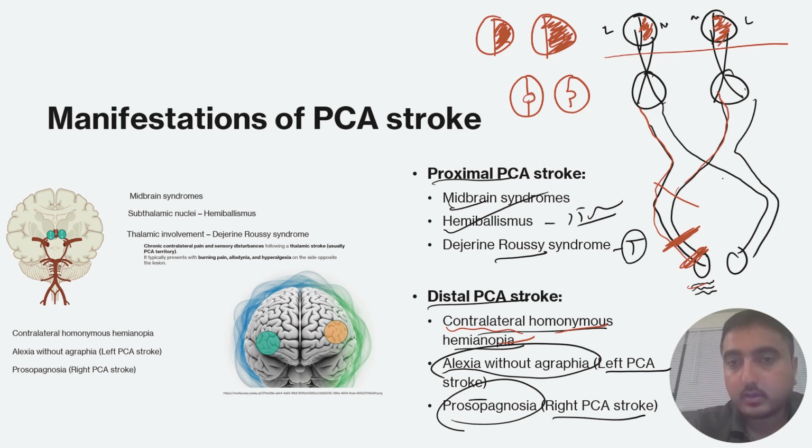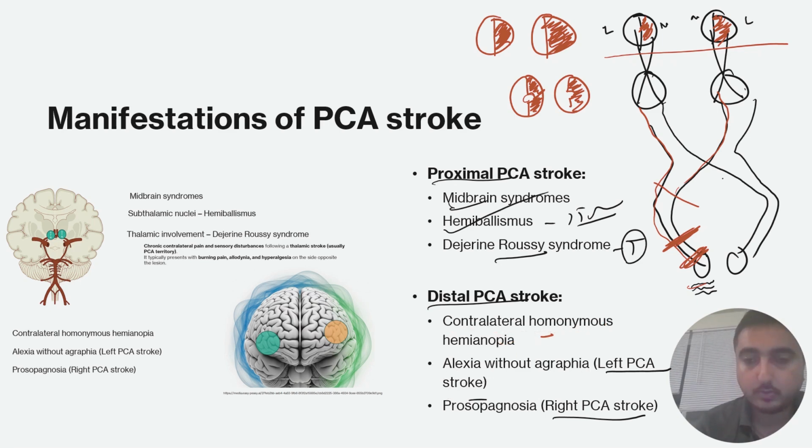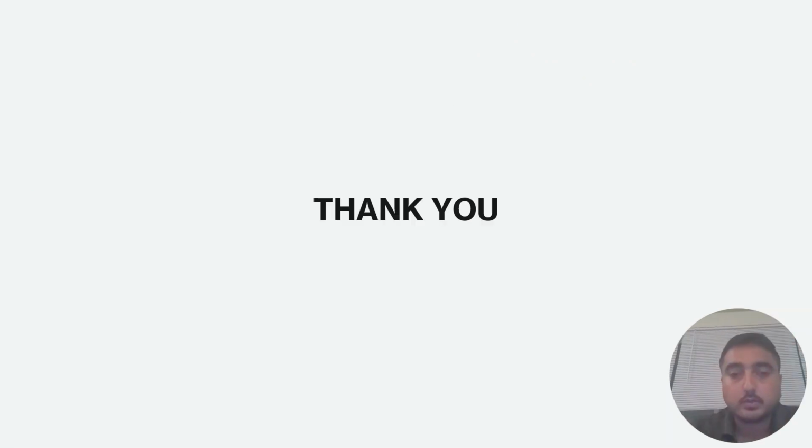The central area is the macula, so the macula might be spared. We refer to it as contralateral homonymous hemianopia with macular sparing. Just remember this.